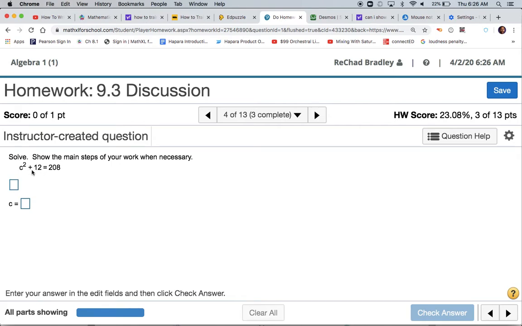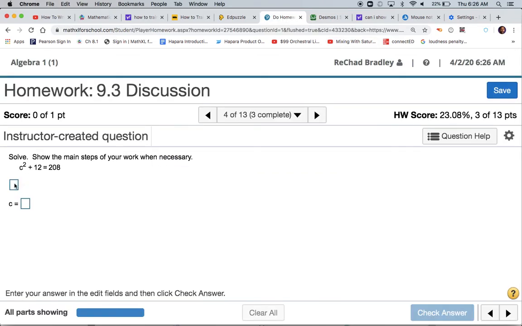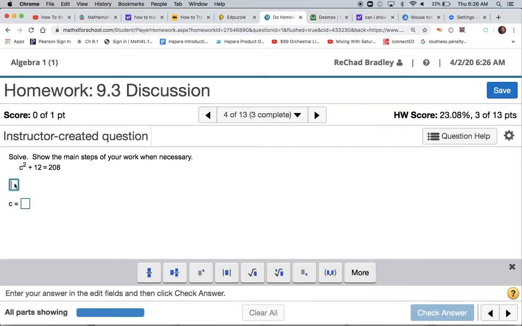The way you move that 12 is by subtracting 12. So I am going to see what 208 minus 12 is. It is 196. So that means that we will end up with C squared. You can use the caret, by the way, the little arrow above the 6 to do that, equals 196.